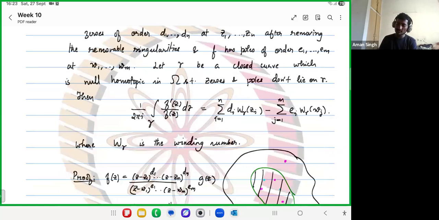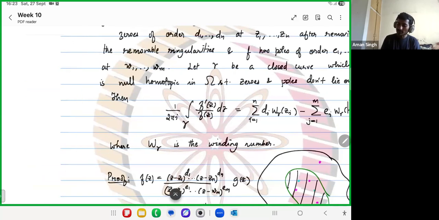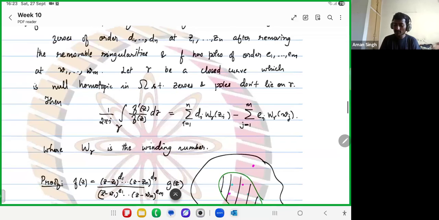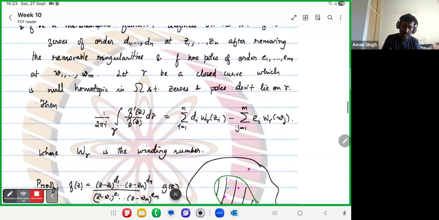It says the integral is exactly zeros minus poles. Zeros means all the zeros counted with multiplicity is the first part, the positive thing. The negative part is about poles. Let's say the function is holomorphic, then there are no poles, so this part will be zero.